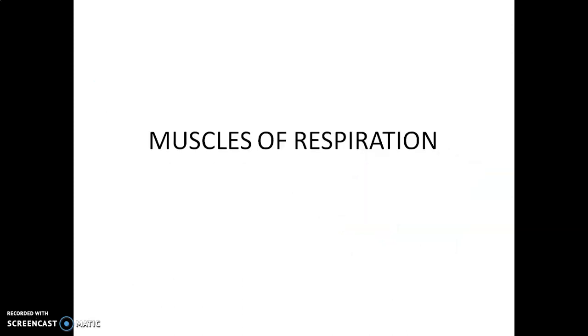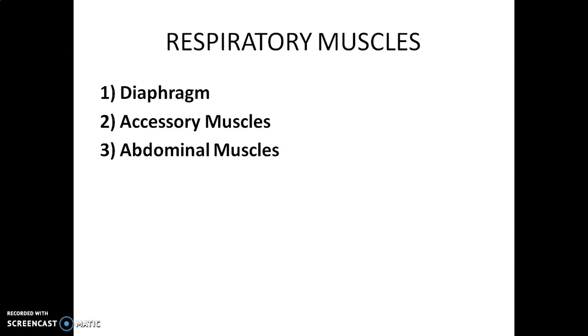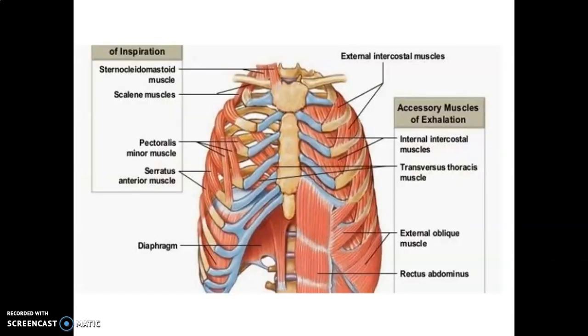Coming to muscles of respiration. There are some muscles which are responsible for respiration, expiration and inspiration: the diaphragm, accessory muscles of respiration, and some abdominal muscles. Here is a schematic picture showing the muscles responsible for inspiration and expiration.